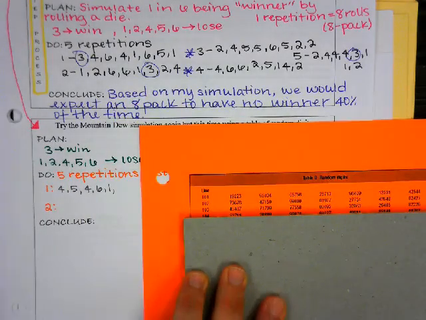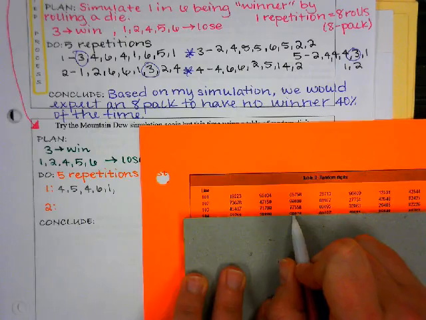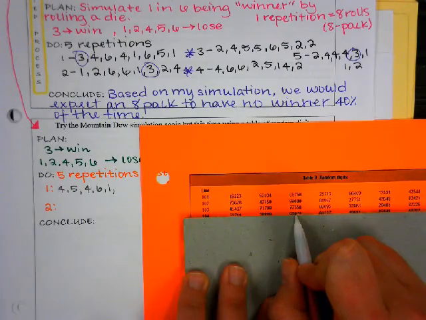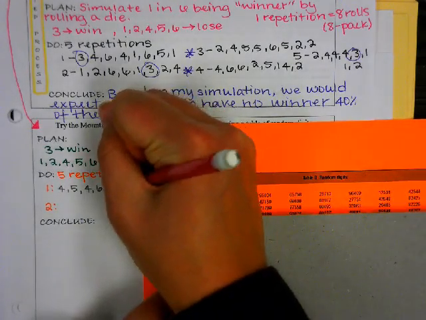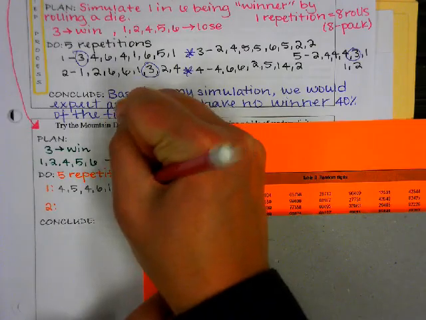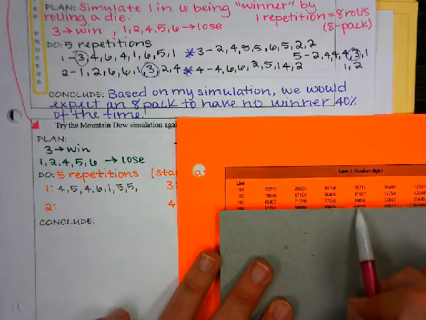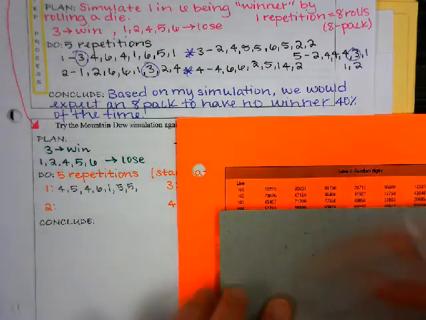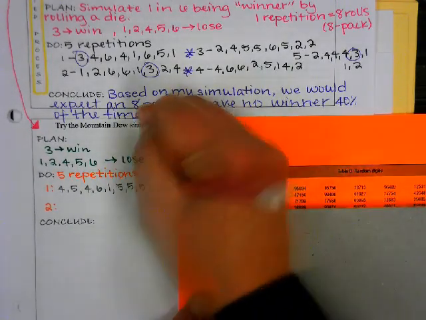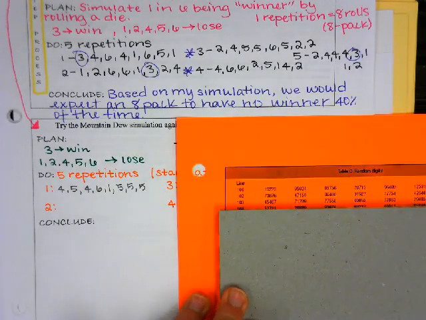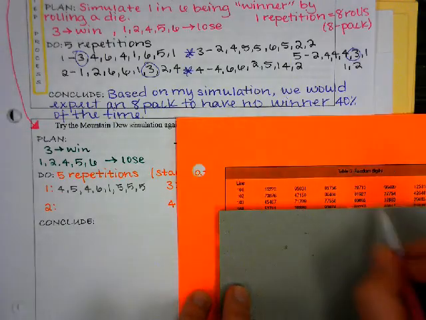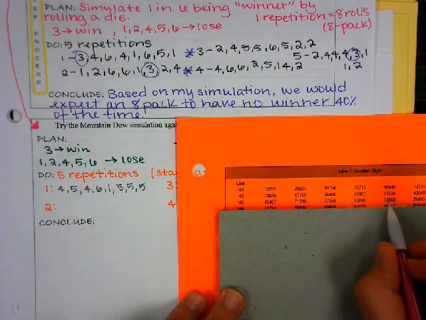We ignore all those. 7, 7. And then we have 2 5s. And that's 1, 2, 3, 4, 5, 7. 8 we ignore, 0, 0, 0, 9 we ignore, and then we get a 5. So there's my first repetition. And then I keep going where I left off to start my next repetition.